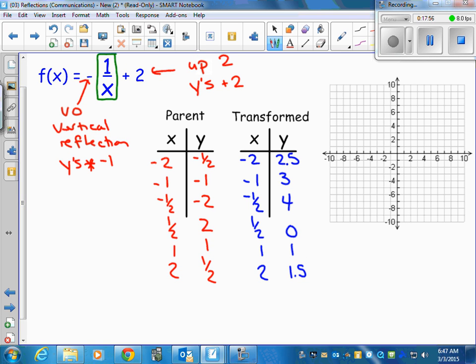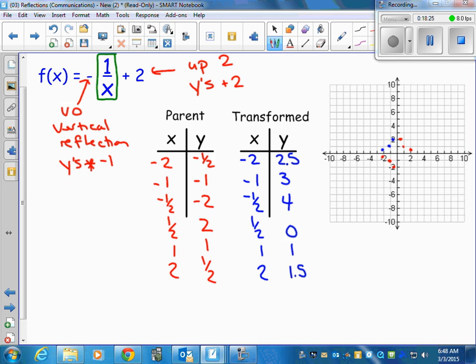But once again, we'll look at the graph itself. Start with the original graph. It's a two-piece graph. It doesn't cross either of the axes. And then every one of these points is going to be first vertically reflected. So any points in this lower quadrant are going to flip to the upper quadrant.